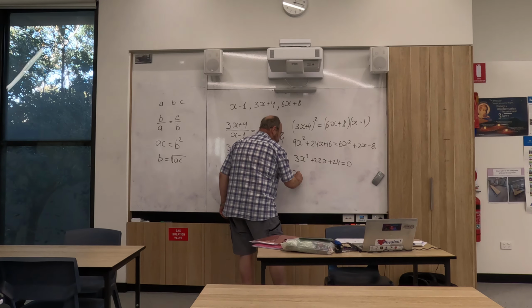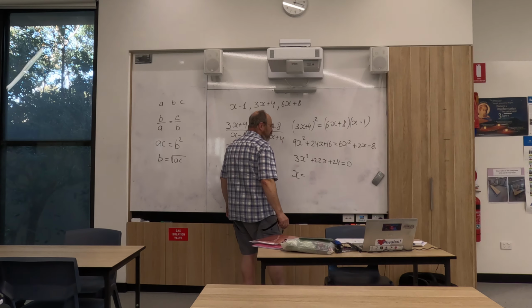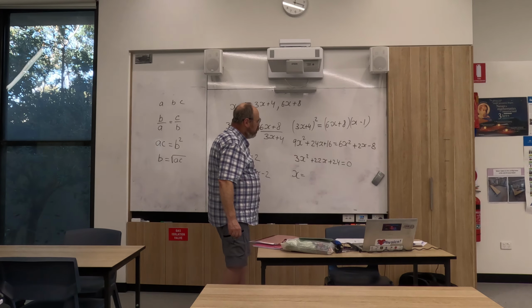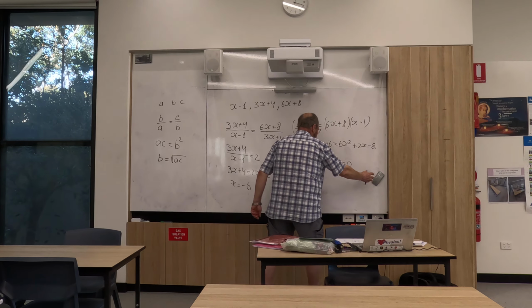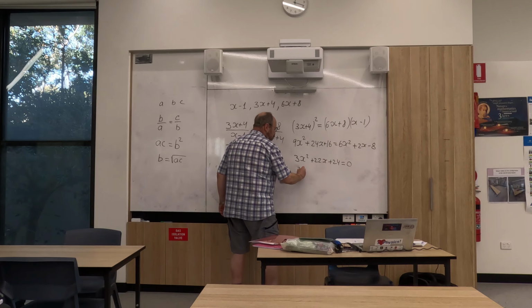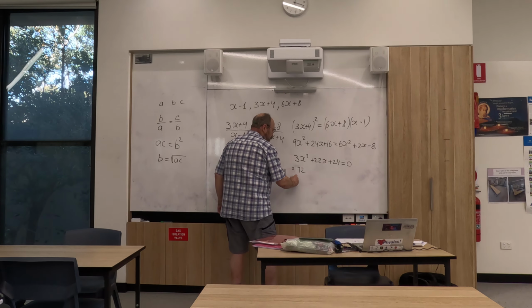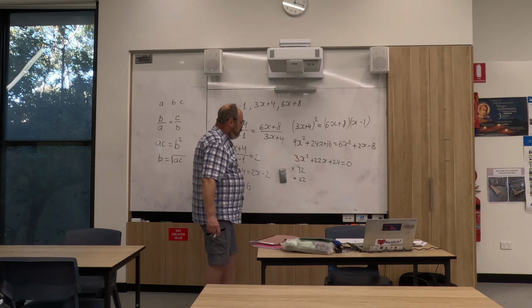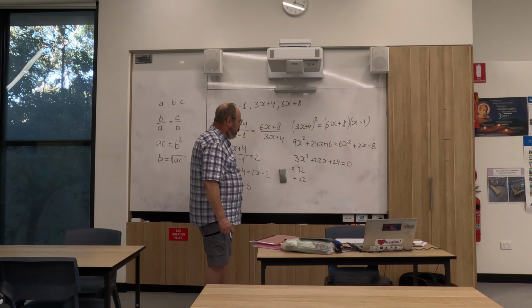So x equals, using the quadratic formula maybe, or finding two numbers that multiply to 3 times 24, which is 72, and add to 22. That's 18 and 4.